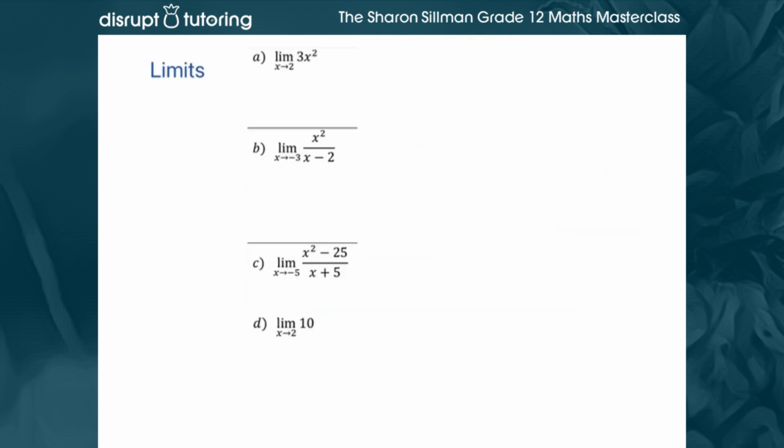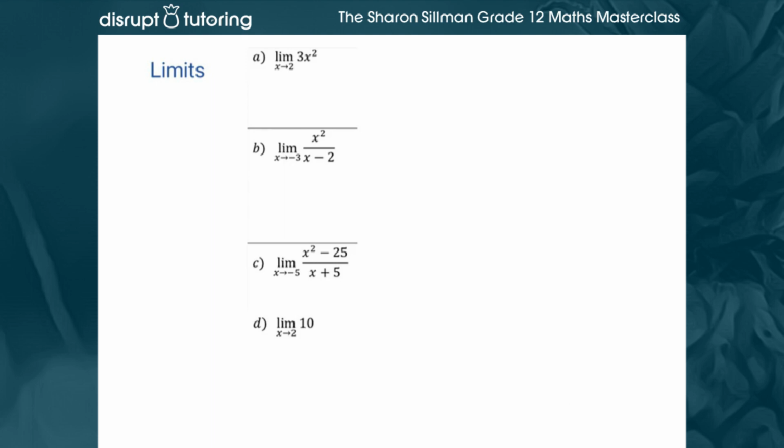So now let's have a look at the kind of questions you can get asked regarding limits. So this is how it would be written and said. We are looking for the limit as x tends to 2, so it's going towards 2, on the function 3x squared. First of all, in this case, I'm sure you can clearly see there's no denominator.